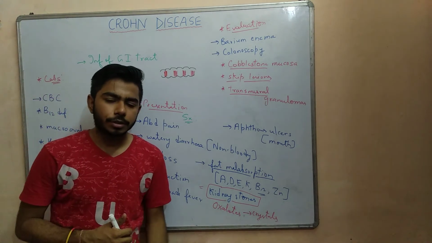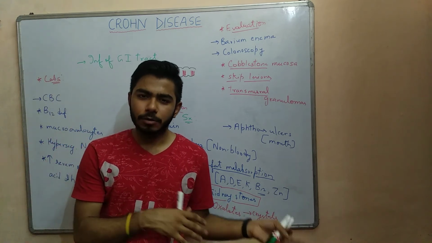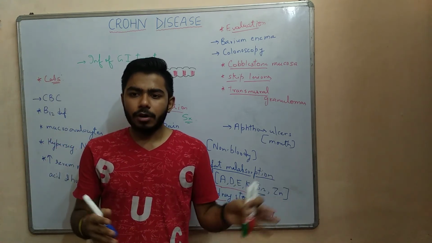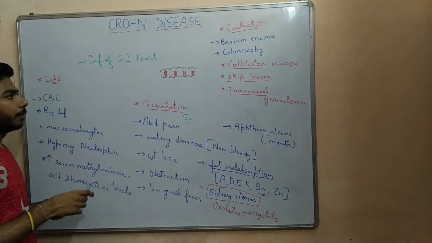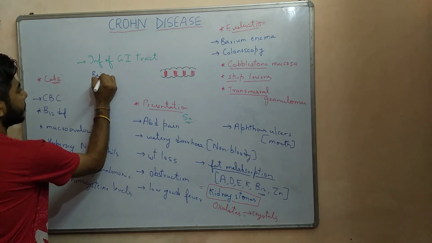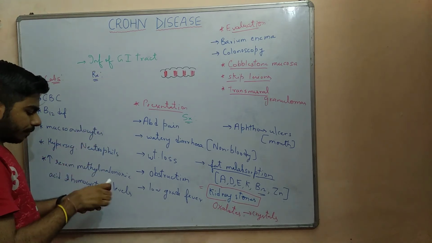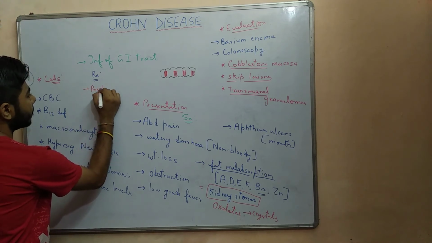Okay, in the evaluation, what is the differential? The differential will be the simple one, ulcerative colitis. I told you the differentiating factors as well. What about the treatment? Let me talk about the treatment over here. For the treatment, you use a steroid, for example, prednisone.